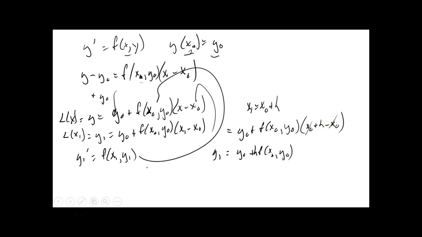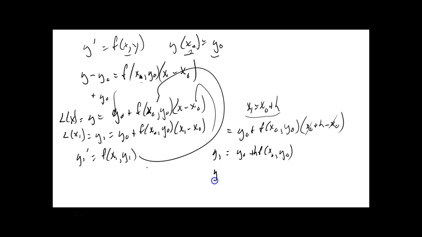Okay? Now, that's helpful because now you don't have to do your new value every time, but that gives you a y1, and your x1 is just x0 plus h, and the h is fixed. You decided 0.1, 0.05, whatever it was, that's fixed.